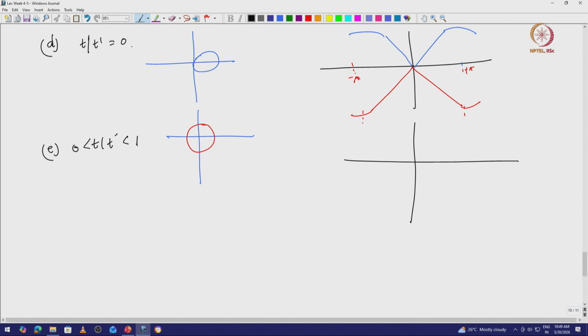So, now there will be again some point where the band inversion is happening, let us call it K star, again K star. Now, the band inversion is happening in the reverse direction. Okay.